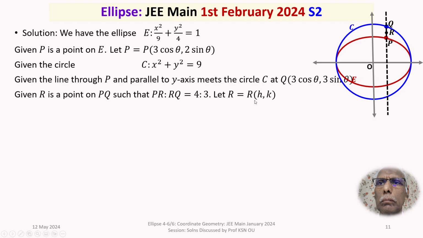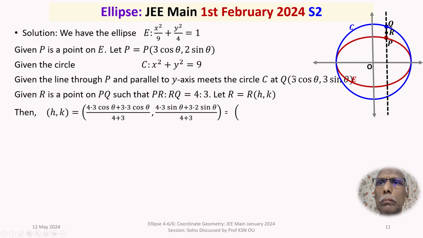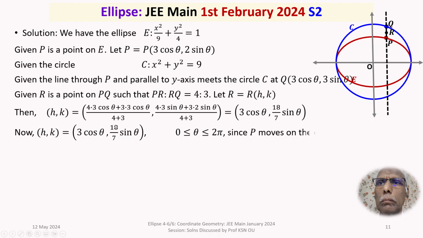So h comma k is (4 times 3 cos theta plus 3 times 3 cos theta) by (4 plus 3), comma (4 times 3 sin theta plus 3 times 2 sin theta) by (4 plus 3). When simplified, it will be 3 cos theta, comma 18 by 7 sin theta.